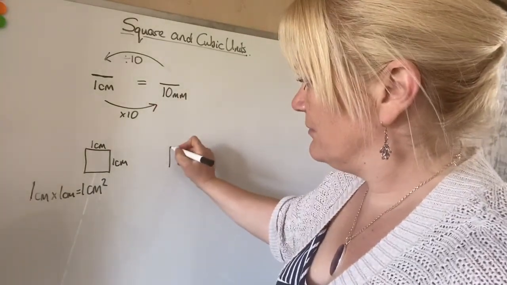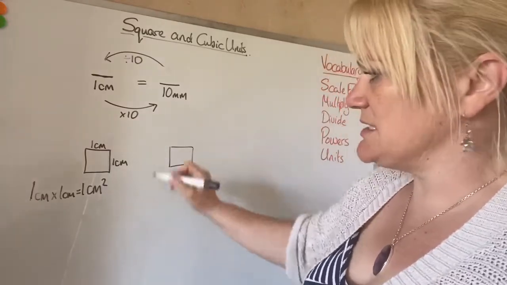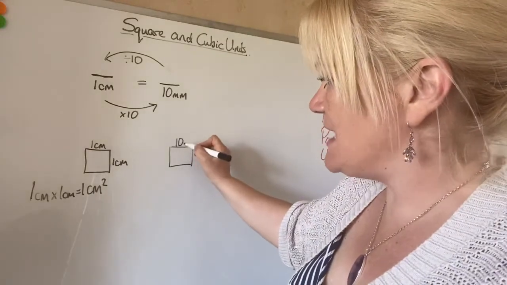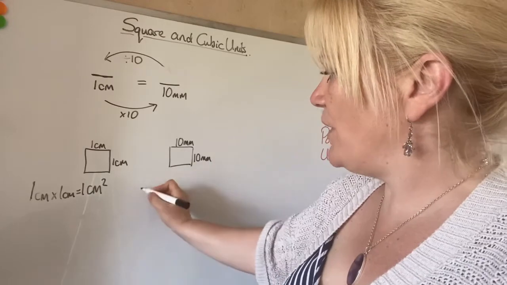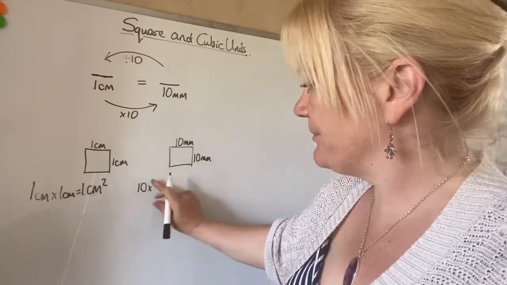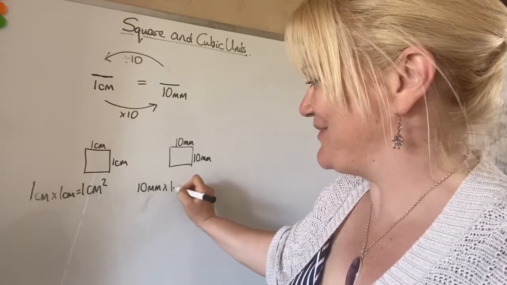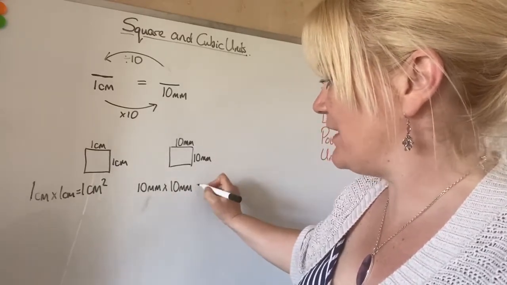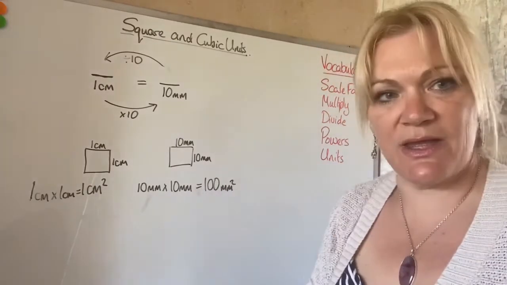Equally, if we had that same size square, but we're dealing with it in millimetres, then we're going to have 10 millimetres and 10 millimetres. When we work it out, I need to remember my units, we end up with 100 millimetres squared.